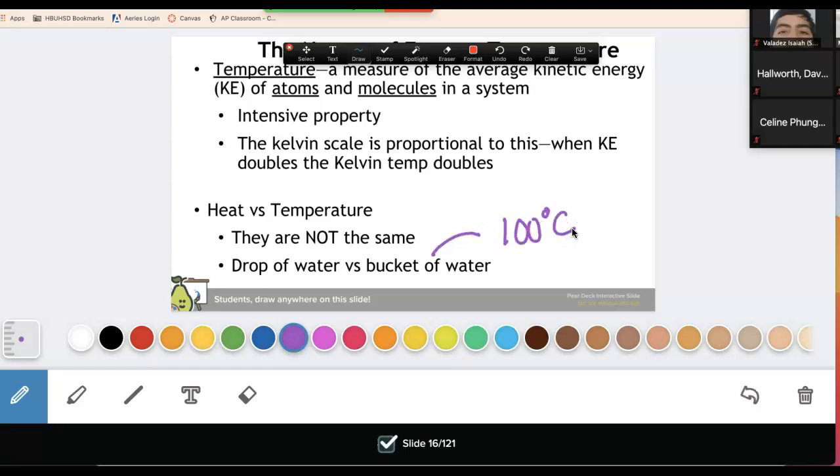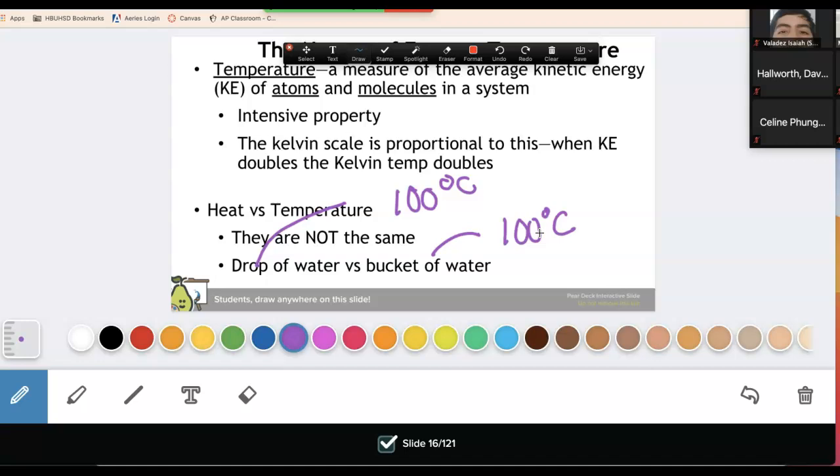If you didn't know, you need to know real quick. Okay? And then I take a drop of water, maybe like 5 milliliters of water instead of the bucket, and I heat it up to 100 degrees Celsius. First question, are they both at the same temperature? If they're both at 100 degrees Celsius. Yep, they're both at the same temperature, right?